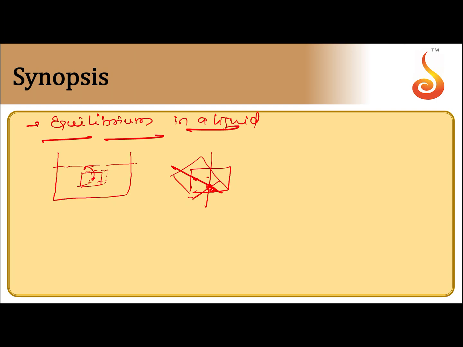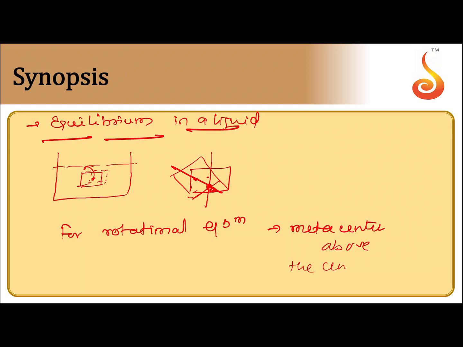That means for rotational equilibrium, remember, the metacenter must be above the center of gravity. Otherwise, the torque will pull it down and the object topples.